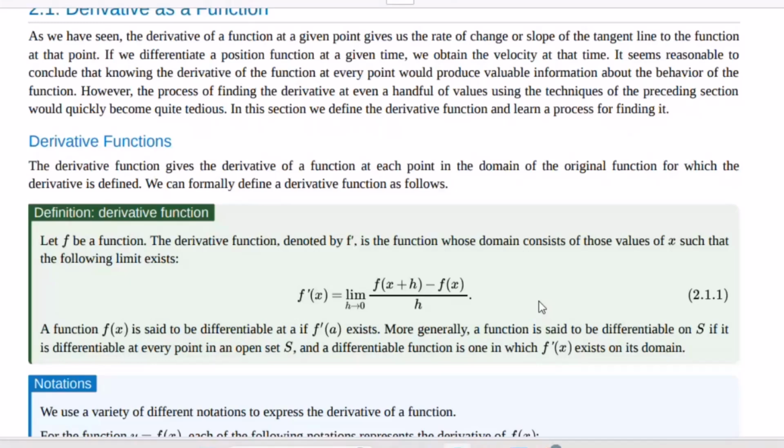The derivative function denoted by f prime is the function whose domain consists of those values of x such that the following limit exists. F prime, which denotes the derivative of a function f of x in this case, is equal to the limit of f of x plus h minus f of x all over h as h approaches 0.